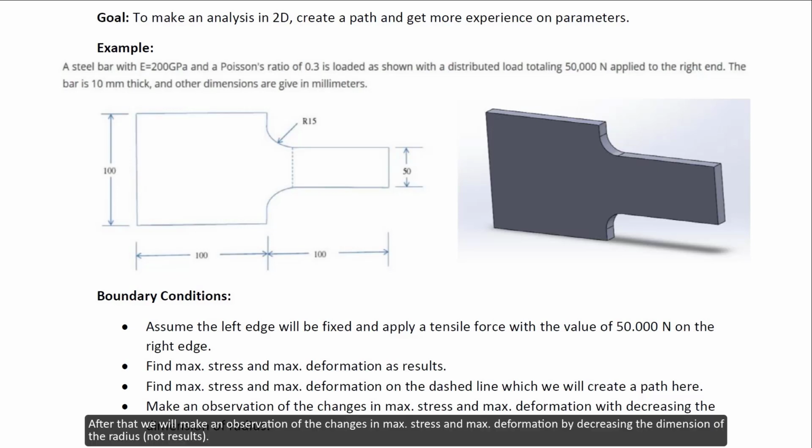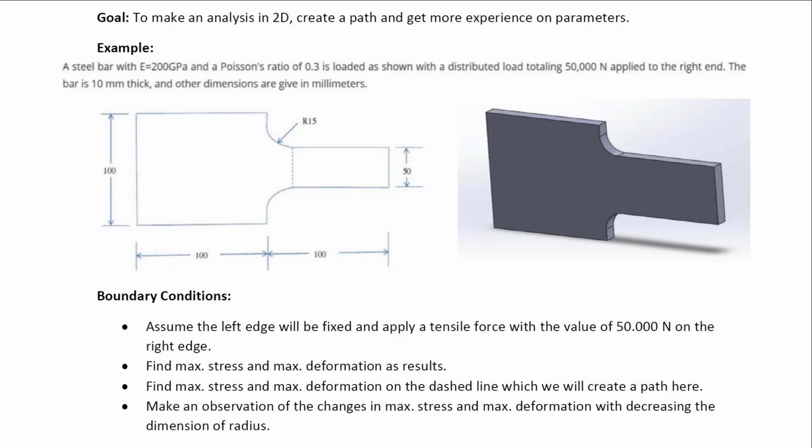After that, we will make an observation of the changes in maximum stress and maximum deformation by decreasing the dimensions of the radius. We'll set a parameter for radius and examine the changes in results.